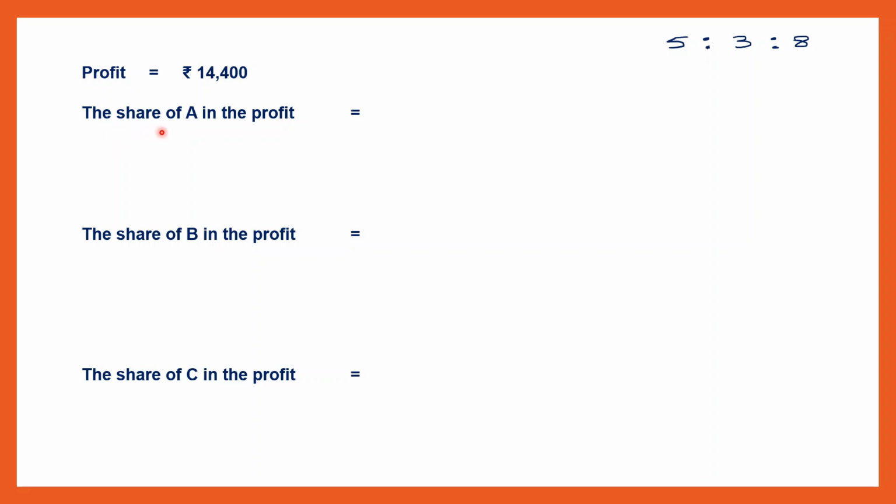First let's find the share of A in the profit. Take the first number, that is 5, divided by the sum of the ratios. When we added all this, we got 16. 5 plus 3 is 8, 8 plus 8 is 16. So 5 by 16 into the profit.